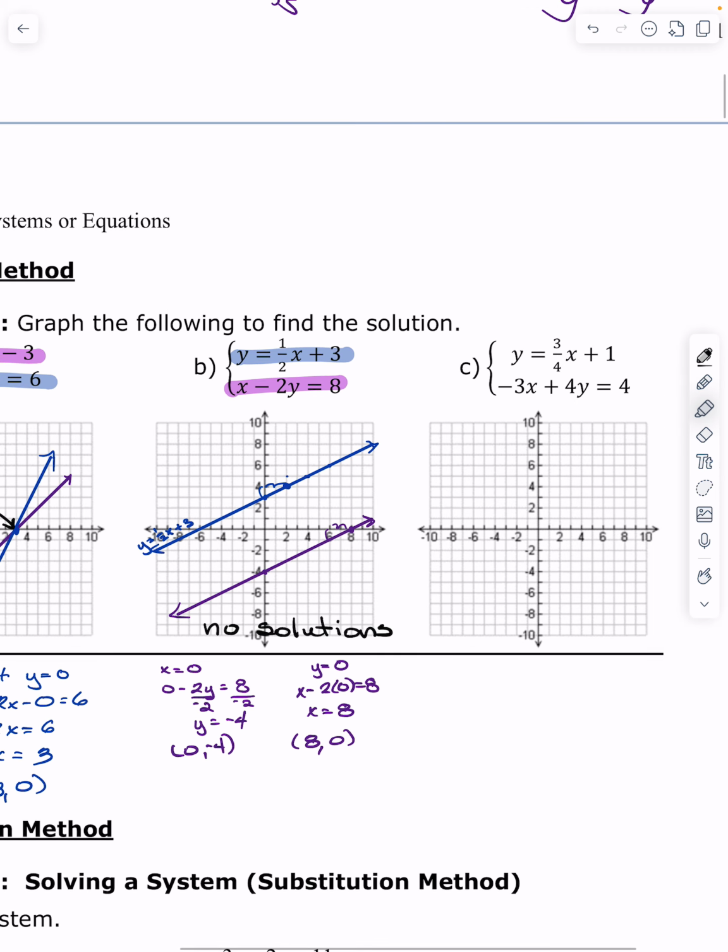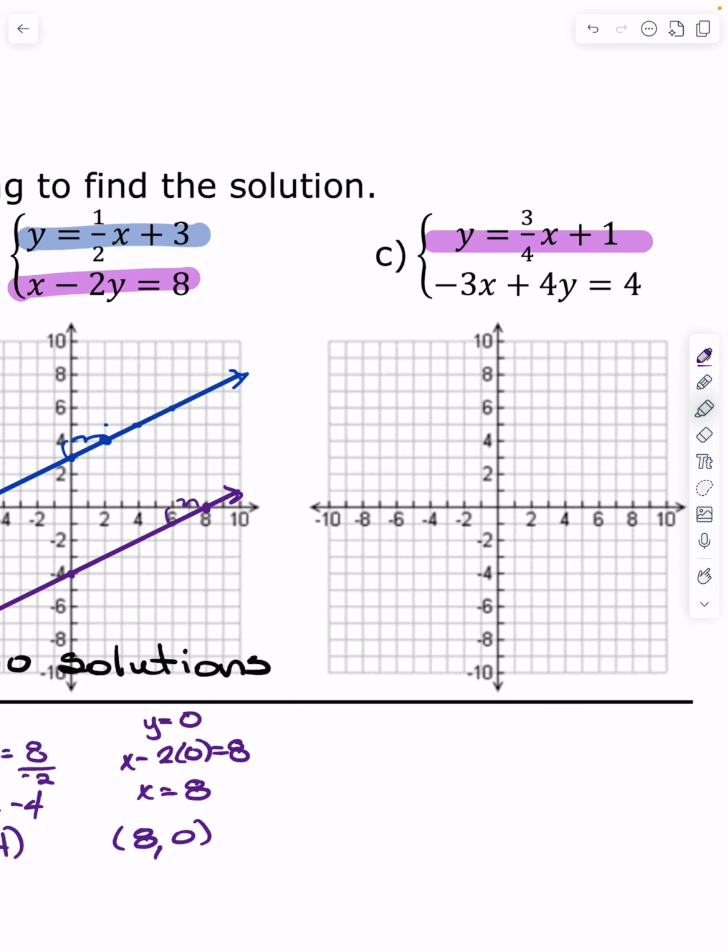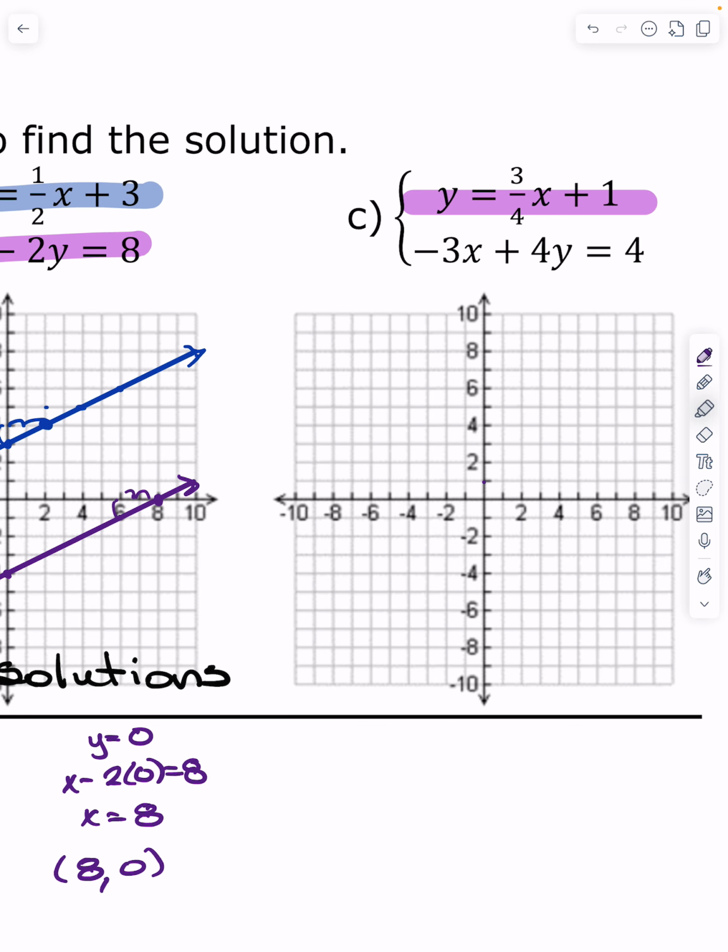Let's take a look at this last one. I have got y equals 3/4 x plus 1. So again, my intercept is that plus 1 part. And my slope is 3/4, so up 1, 2, 3 over 1, 2, 3, 4. Both of these are in the positive direction.